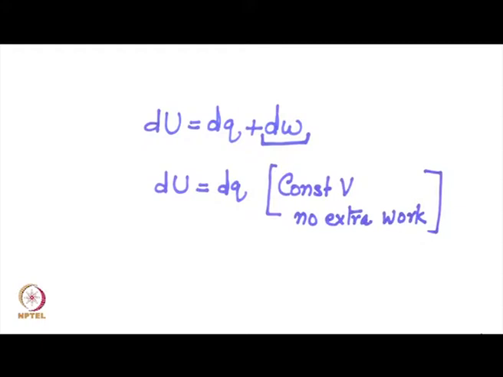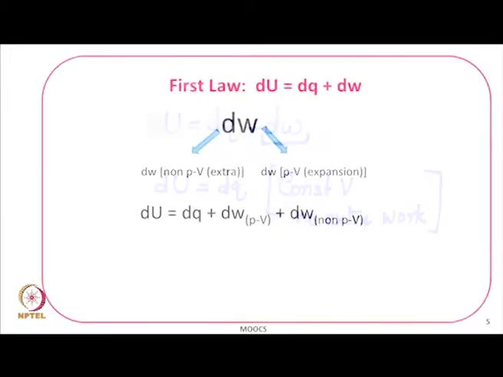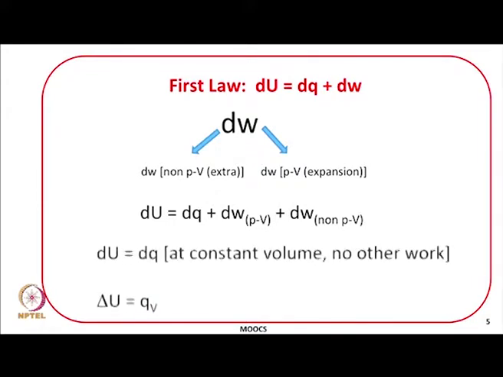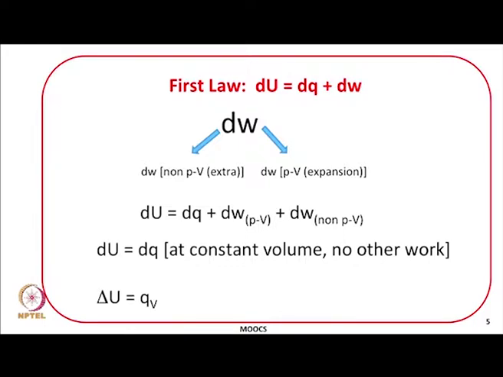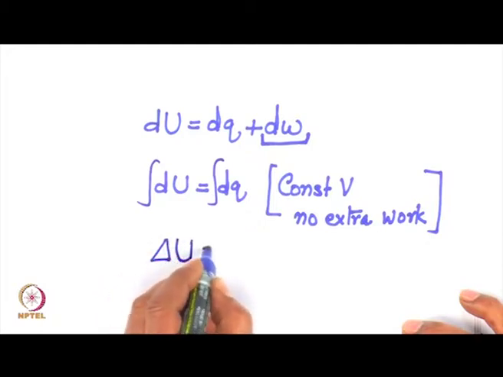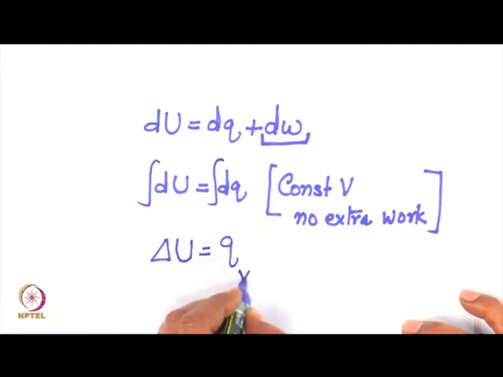So, let us now take a look at the slides. That dU is equal to dq plus dw, as I mentioned above, it is pressure volume work or non pressure volume work, and in case there is no work done, whether it is of pressure volume work or non pressure volume type, then dU is equal to dq. And for a finite change, what you need to do is just integrate, and what you have is delta U is equal to q v.